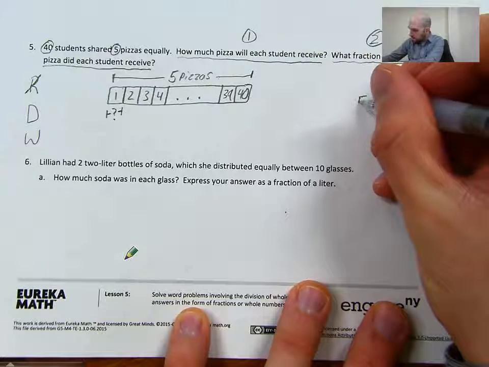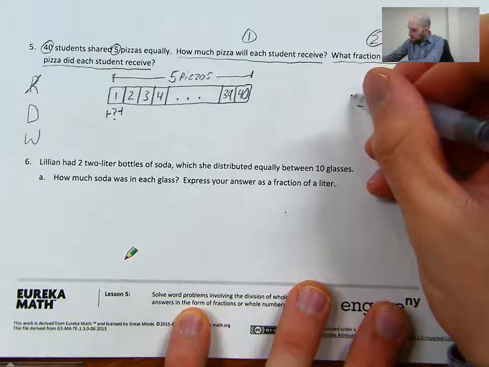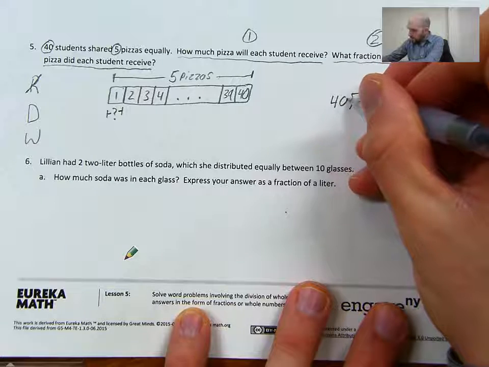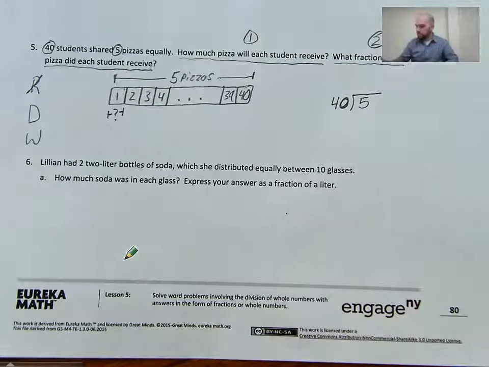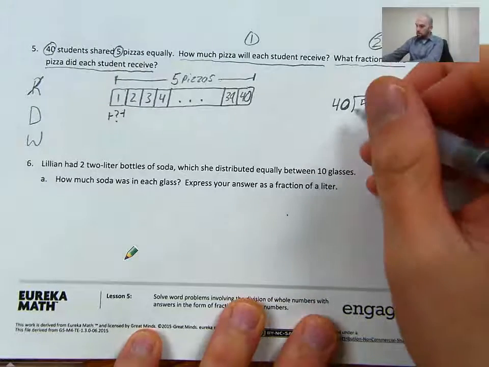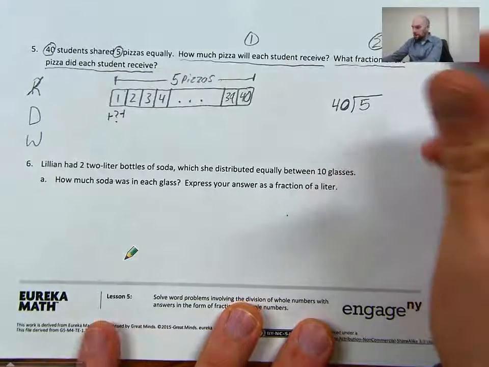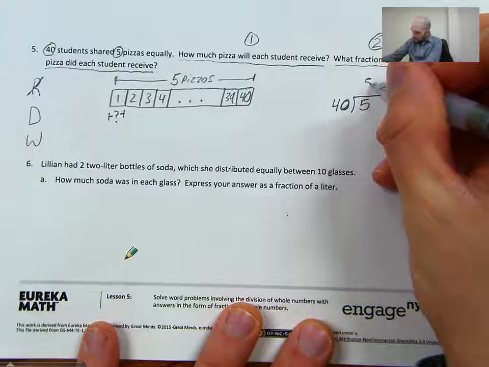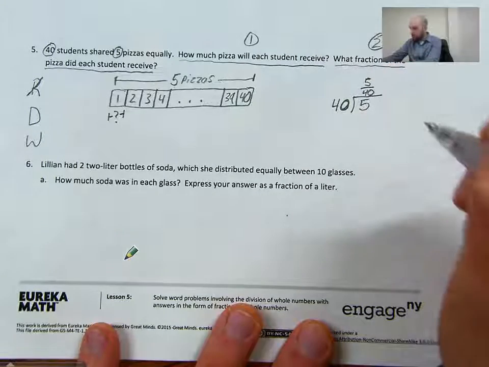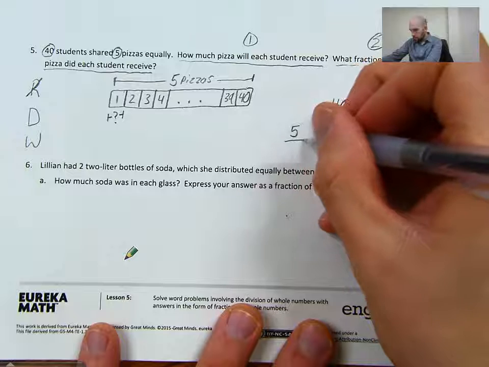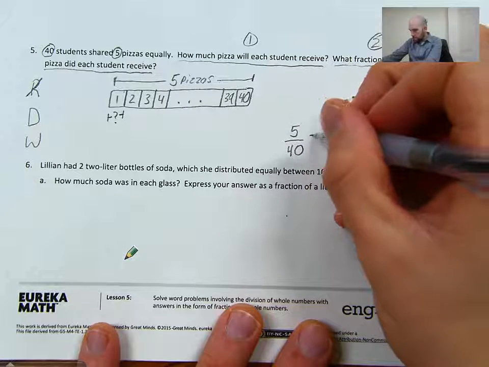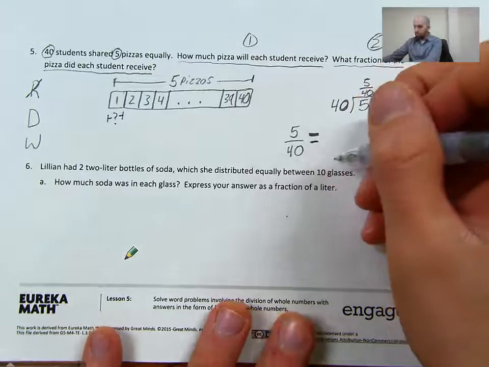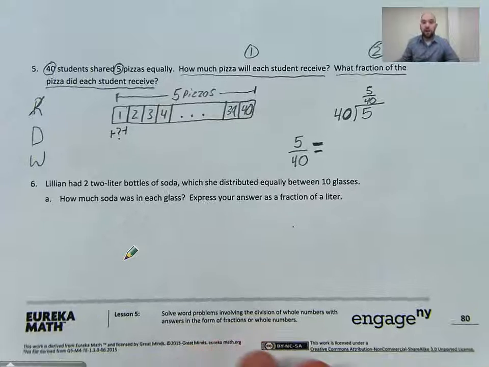So I know I have 5 pizzas and divide them by 40. And we know 40 isn't going to go into 5. So we'll just do 5 divided by 40, which is the same as 5/40ths. But we can simplify 5/40ths because 40 is a multiple of 5.